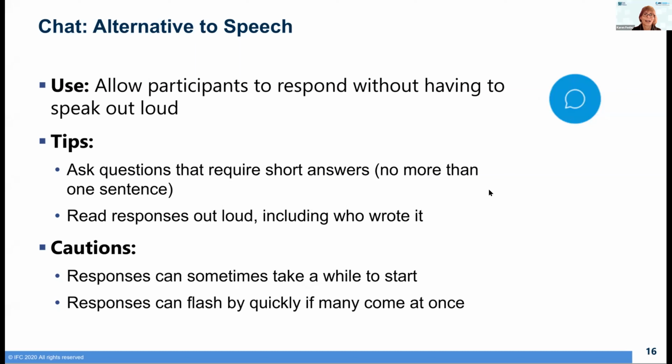But online, I ask the question, you hear the question, you think about it, but then you have to, if you haven't been so good, toggle back to the webinar. In any case, you have to grab your mouse, click into the chat box, type your answer, hit enter, and it's got to travel all the way across the internet. I have to see it, read it, and then say it out loud. So all of that is seconds, but those seconds add up.